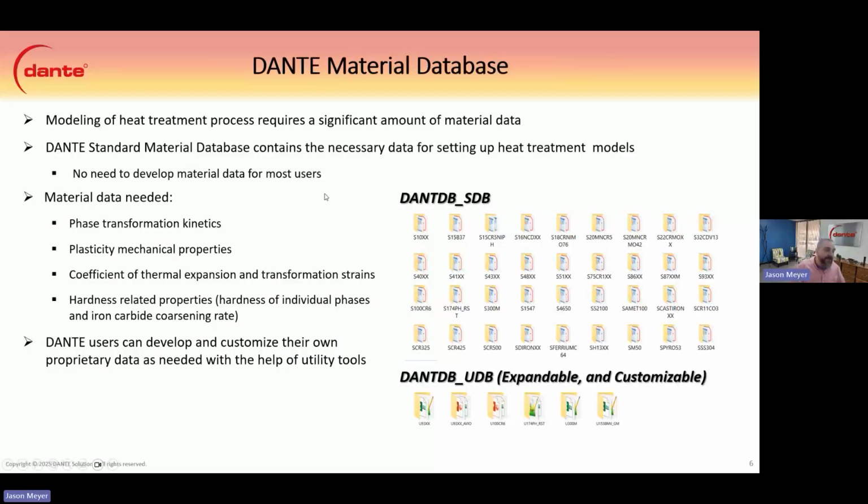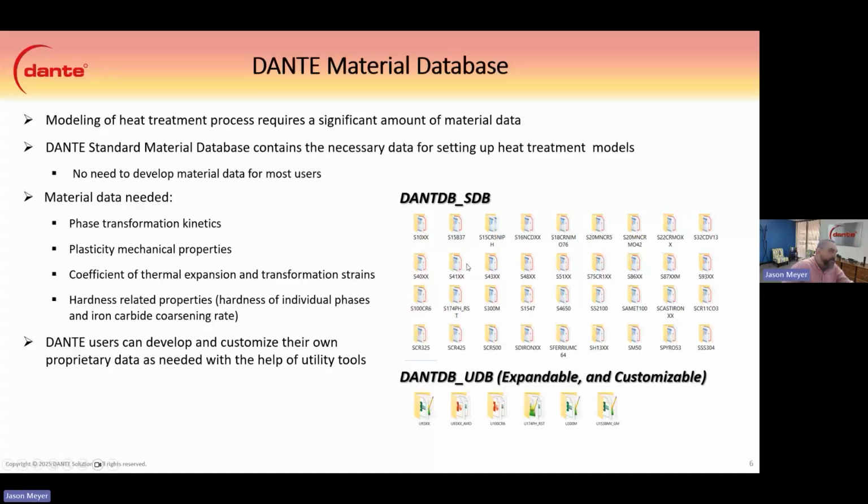So for the material database, like I said, there's a lot of information that goes into the heat treatment modeling process, a significant amount of material data. So we have folders here, and each one of those files denotes whether it's the mechanical file or the phase transformation file. In our standard database, we have a little over 70, almost 80 standard material grades.